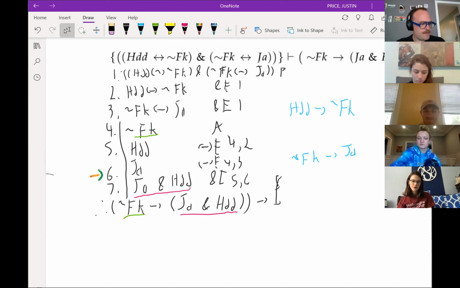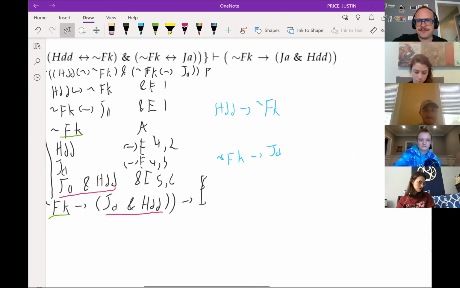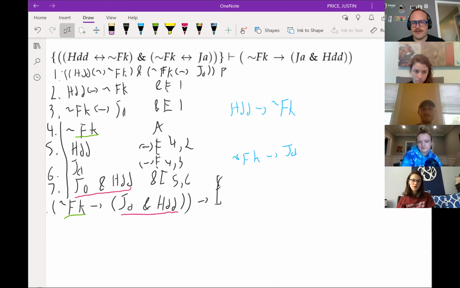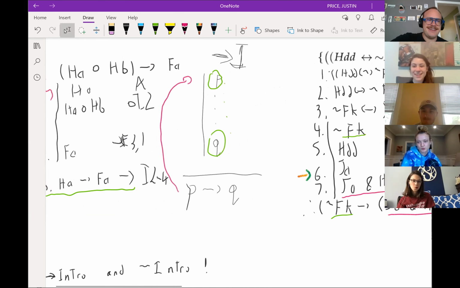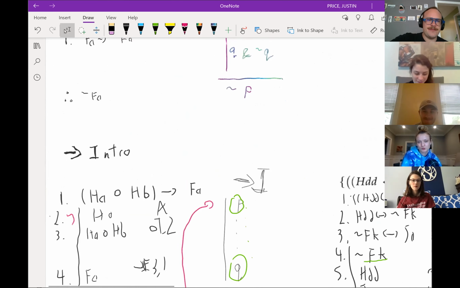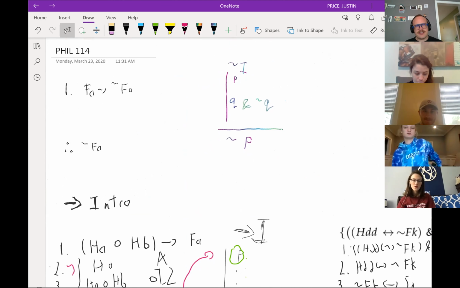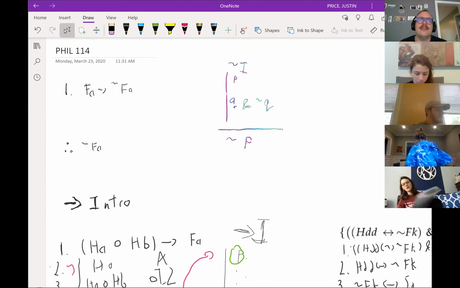Okay, cool. All right. Do you guys want to do one more conditional introduction, or do you want to learn the new rule now? New rule? Okay. So this is my favorite rule because it's actually a rule that is sort of philosophically contentious in some ways.